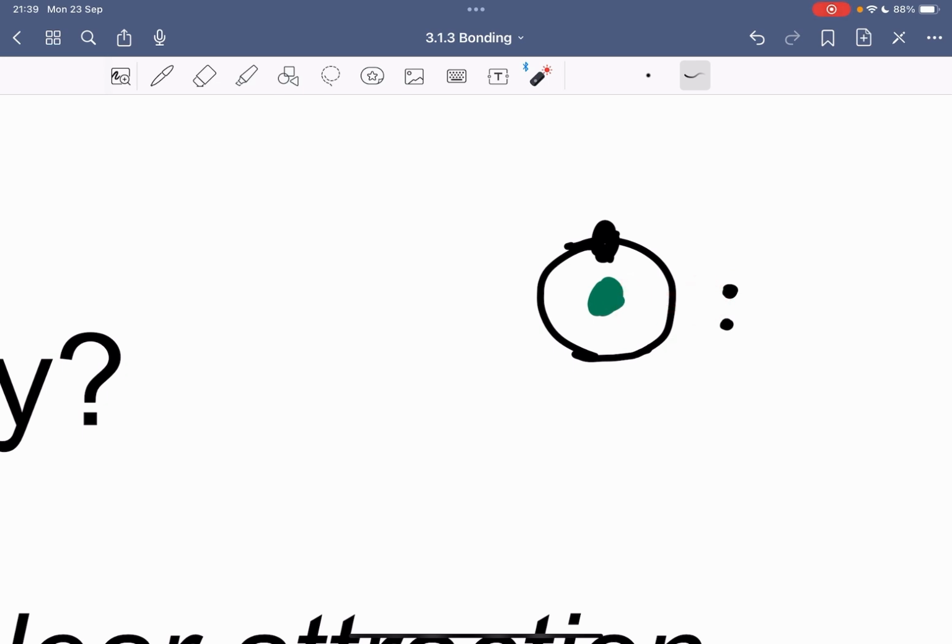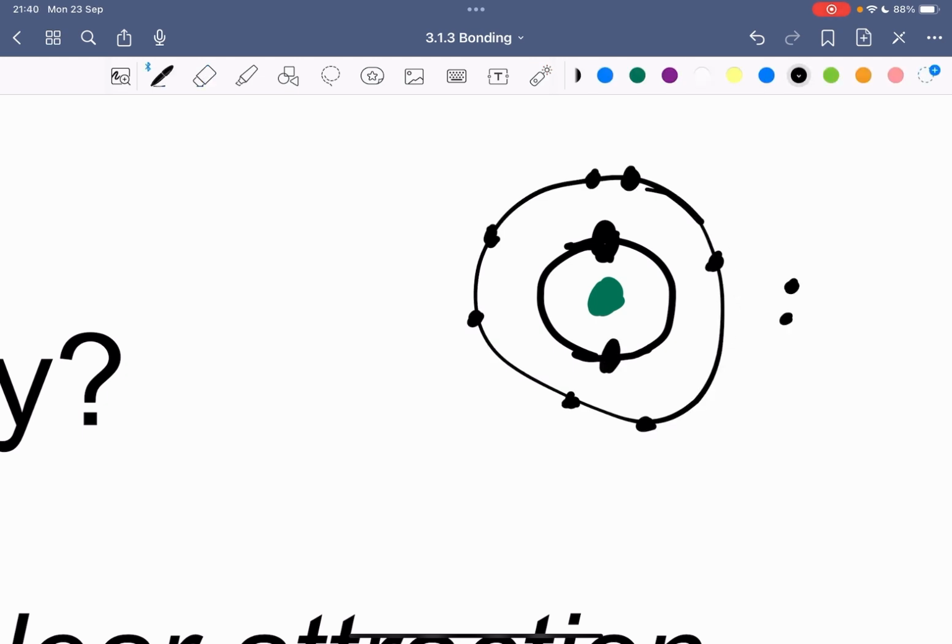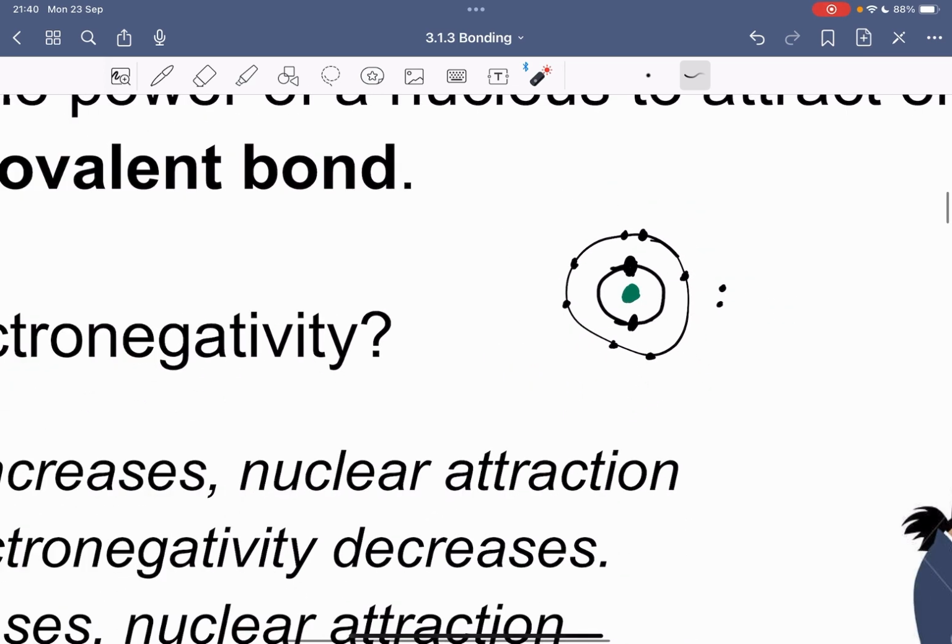Whereas if I have another shell, then the covalent bond here has to travel a greater distance, right? So now the attraction is a bit weaker. So the electronegativity decreases when the atom gets bigger. So as atomic radius increases, electronegativity decreases. Okay?